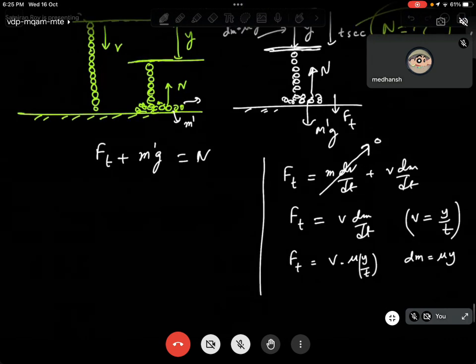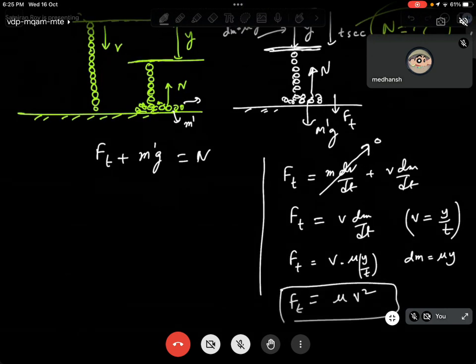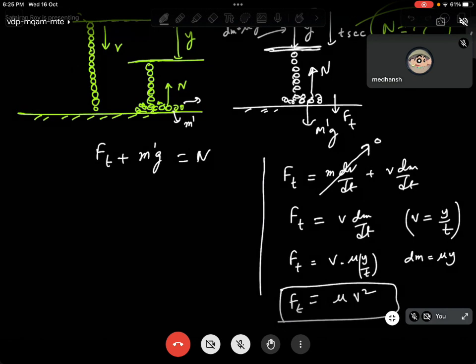So I can write mu into v square. The thrust force is mu into v square. Is that clear?